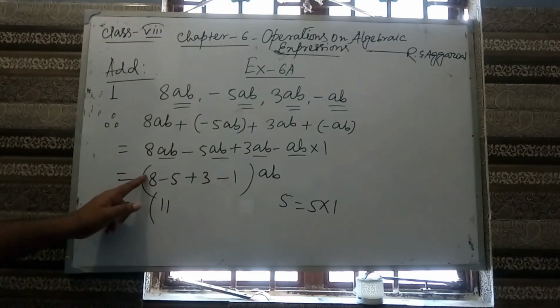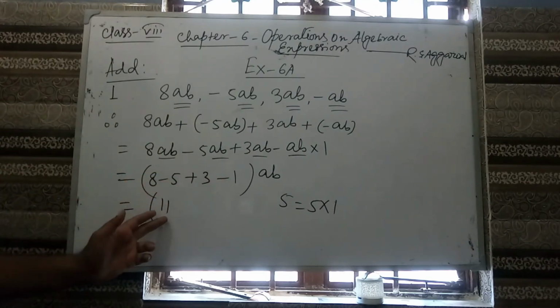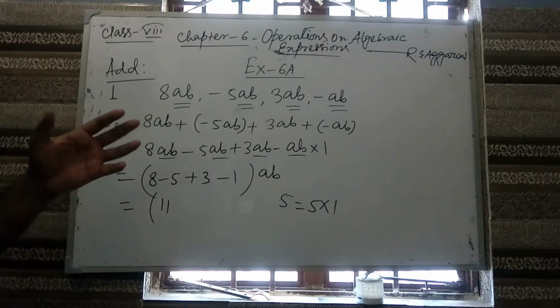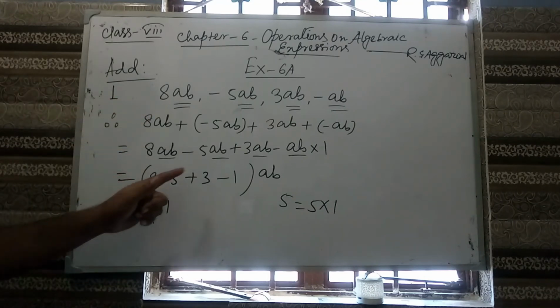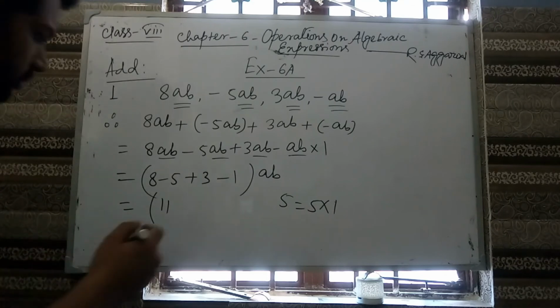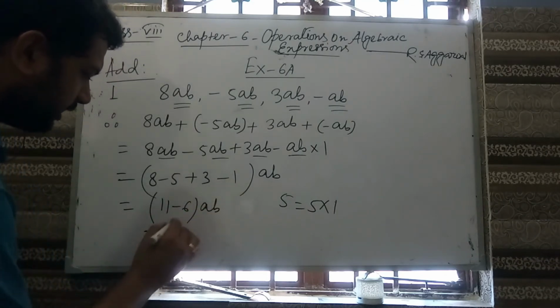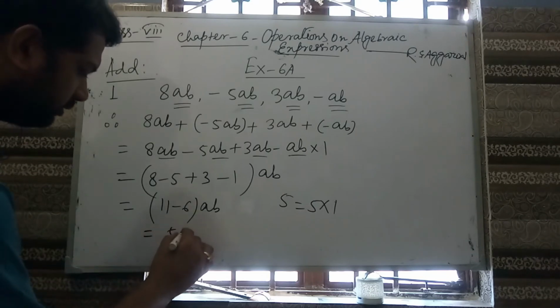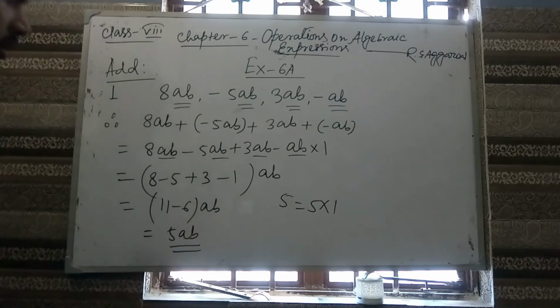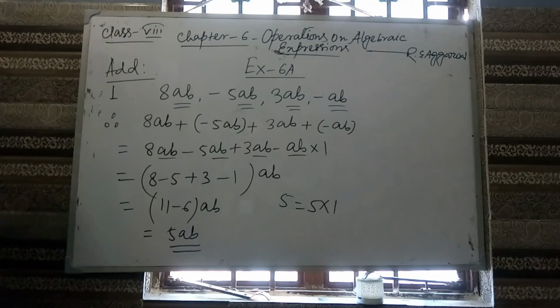Now plus 8 and plus 3, we will add them together. Minus 5 and minus 1, so minus 6. Then AB, 11 minus 6, that is 5AB. So this is your result. Any doubt?